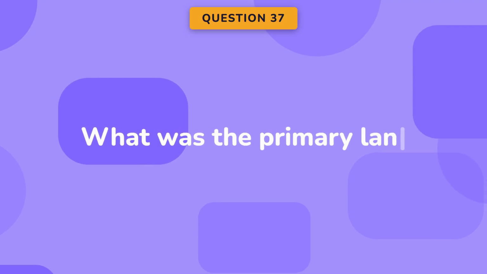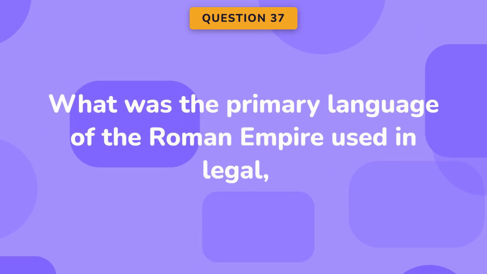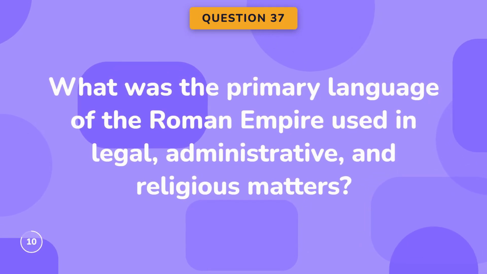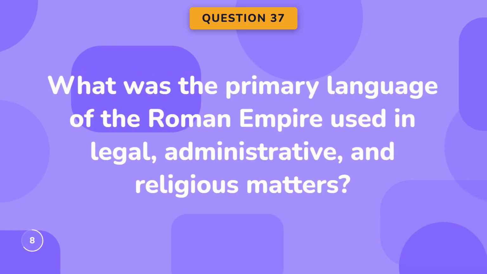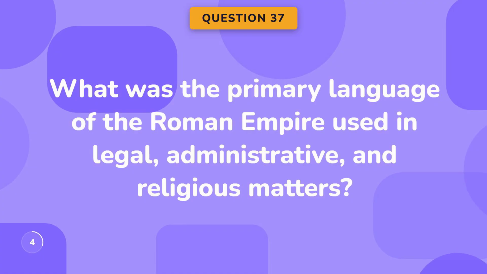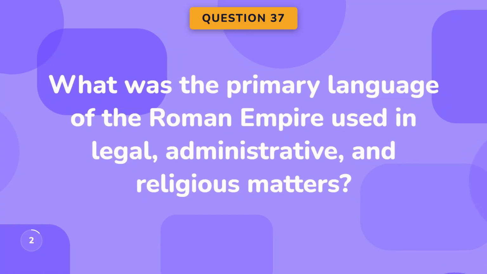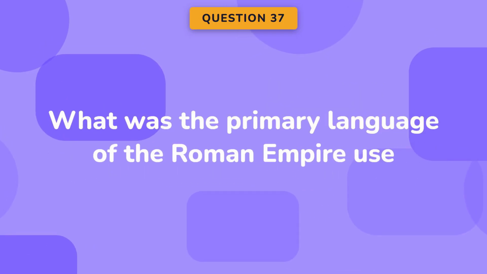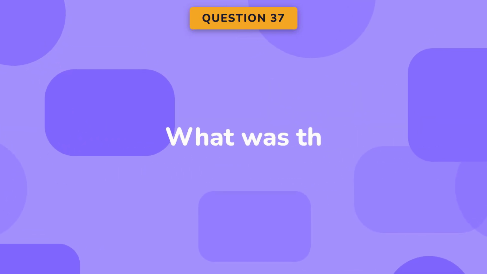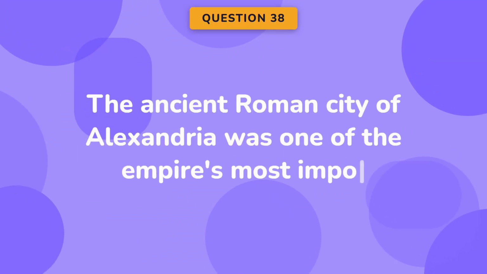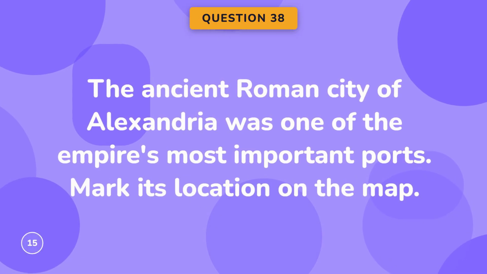What was the primary language of the Roman Empire used in legal, administrative, and religious matters? The ancient Roman city of Alexandria was one of the empire's most important ports. Mark its location on the map.